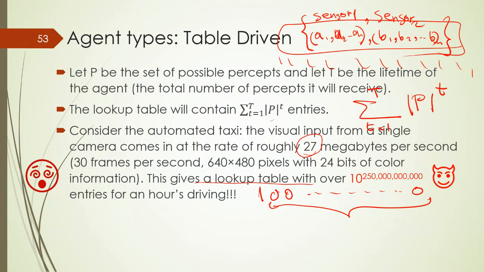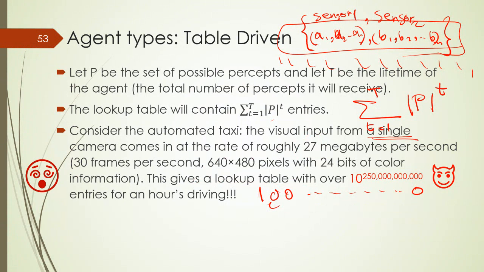This is nonsense. We can't do that for an actual driving agent. And this is a very basic assumption with just a single camera. Definitely impossible to do with a table-driven approach.